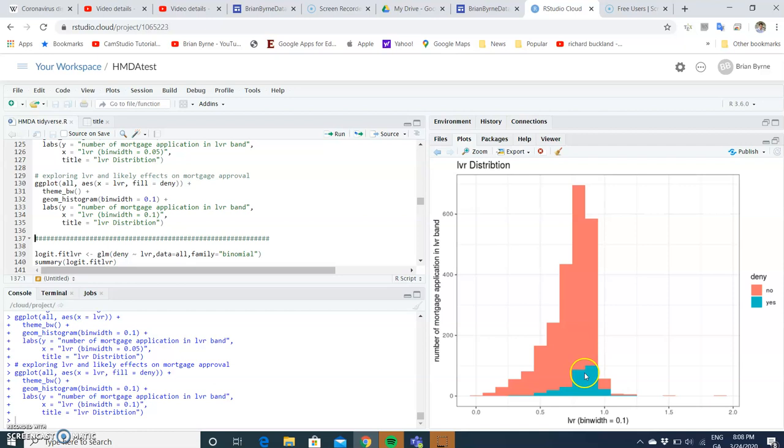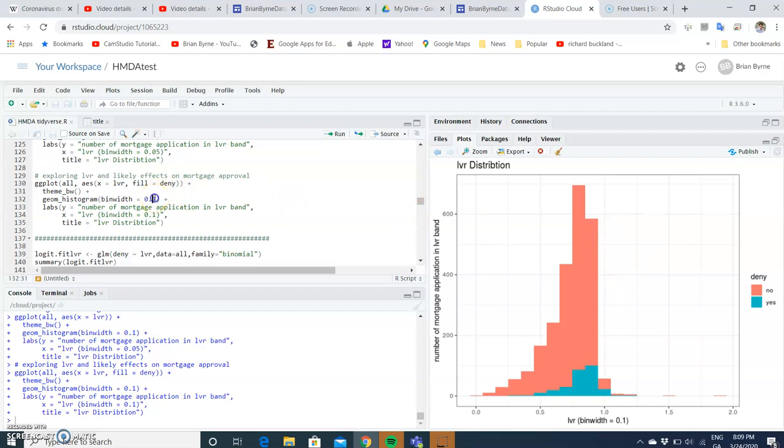So there's some evidence to suggest that once we start pushing close to 100% loan-to-value ratio, there is a greater tendency to reject that mortgage application. So we have some limited evidence that as we keep increasing the loan-to-value, the amount of rejection also increases.